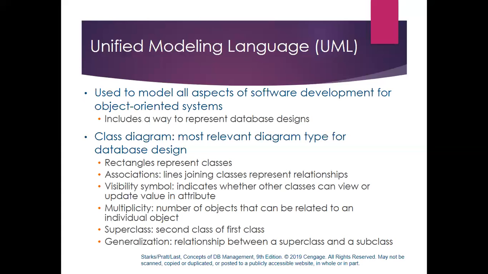In the Unified Modeling Language, rectangles represent classes. The lines joining classes represent relationships and are called associations. In a class diagram, the visibility symbol indicates whether other classes can view or update the value in the attribute.